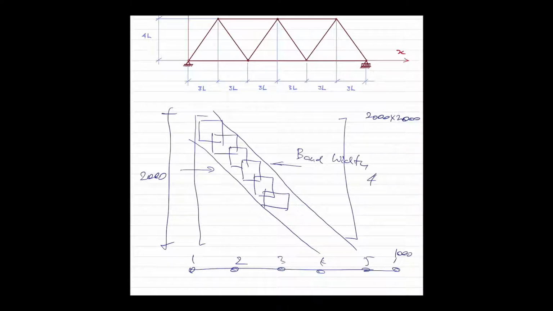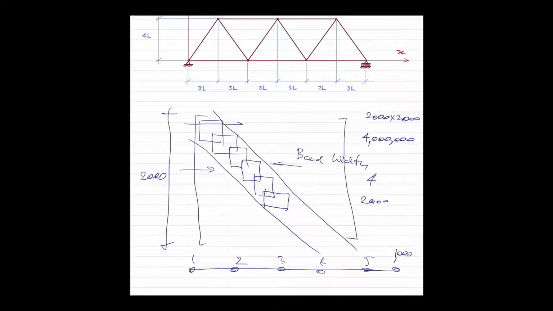That makes the storage of this matrix 4 million, right? You need 4 million slots to accommodate this 2000 by 2000 matrix. But in fact, the non-zero values are just 2000 rows multiplied by the bandwidth, which is 4 to 6.